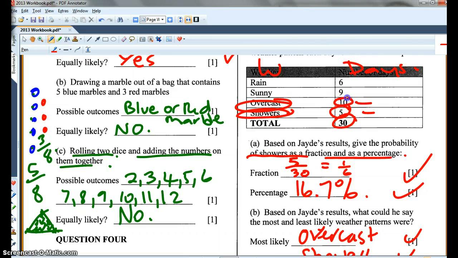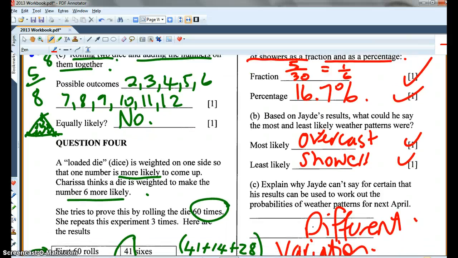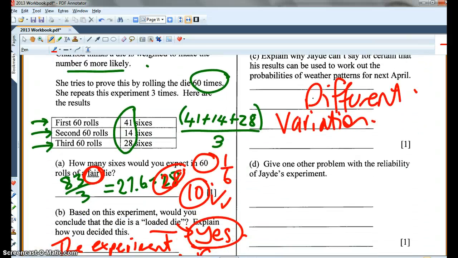Yes, they add up to 30. But in one day it can rain, it can be sunny, it can be overcast and showers. So it doesn't really work, because you've got to allocate a day to a weather. Absolutely hopeless, because the weather doesn't work like that. Okay, carrying on.